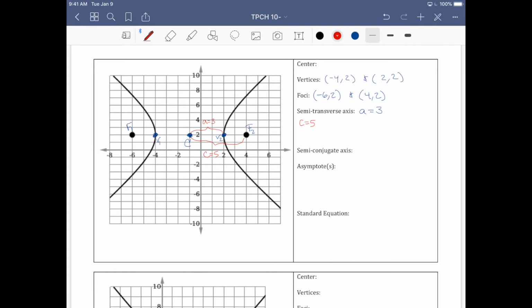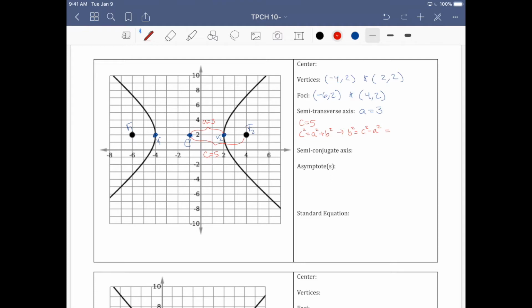Recall that we can't see what the b value is graphically. We have to use the Pythagorean relationship in order to do that, and the Pythagorean relationship is just the Pythagorean theorem that we're used to: c squared equals a squared plus b squared. I'm going to solve for b squared, which means it is c squared minus a squared. I'll plug the information in.